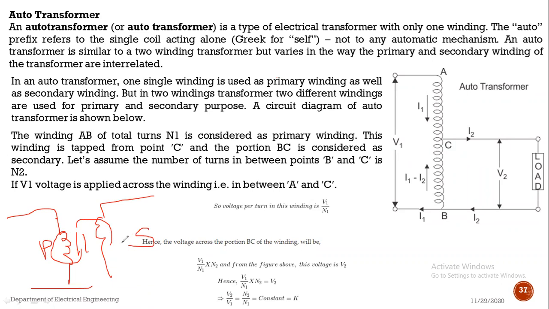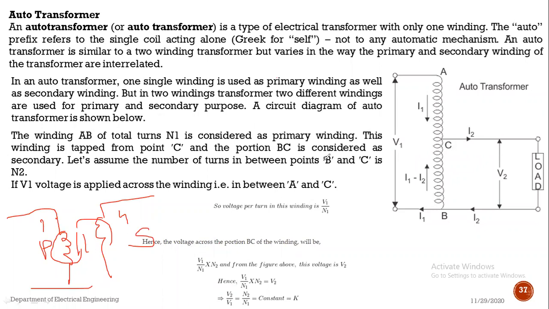So see, this is an MCQ question and this difference is in the auto transformer. An auto transformer is an electrical transformer having only one winding. See, in an ordinary transformer there are two windings, primary and secondary. These are not electrically connected but are magnetically coupled to each other.